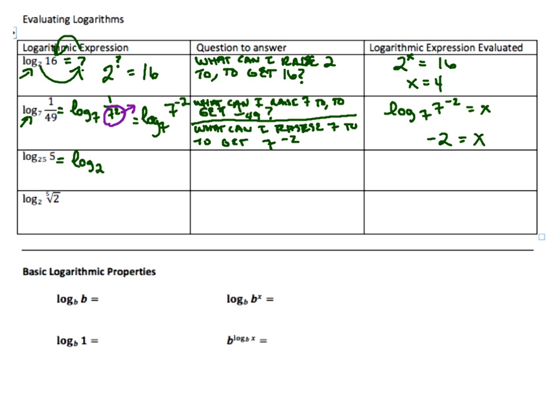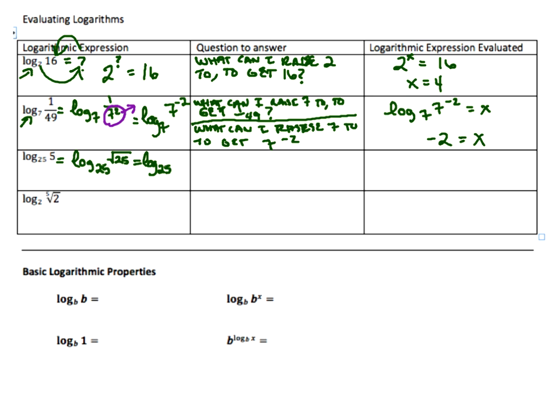So I prefer to look at this as log base 25 of the square root of 25. The square root of 25 is 5, so I haven't changed this thing. I've just made it look different. And I don't like to have roots in my logarithms either. I want to change that to an exponential expression.